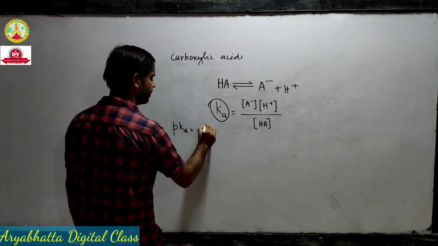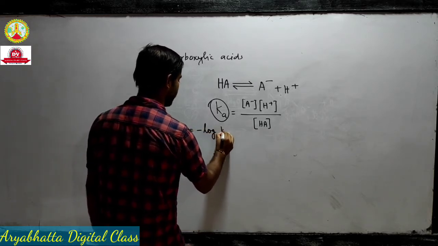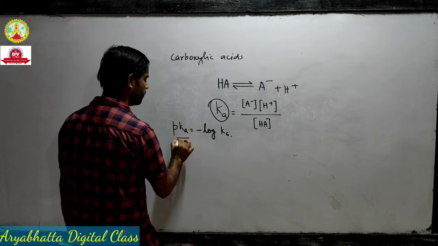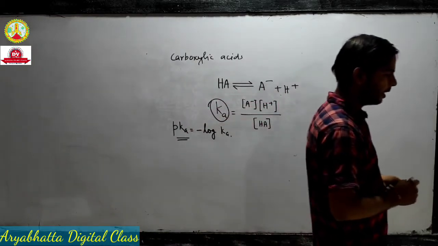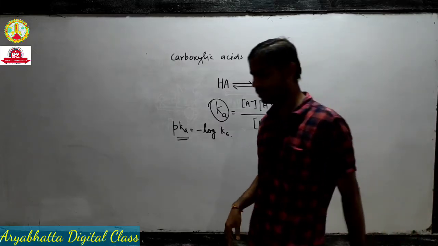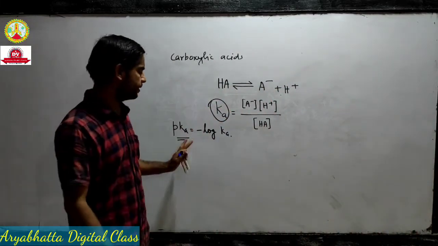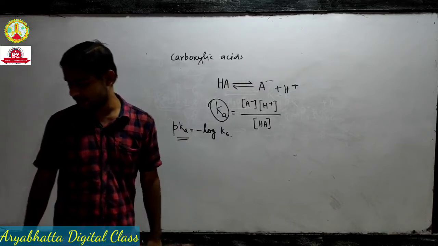If we take the negative log of this Ka, then this is called pKa, the power or potential of an acid, how acidic something is.